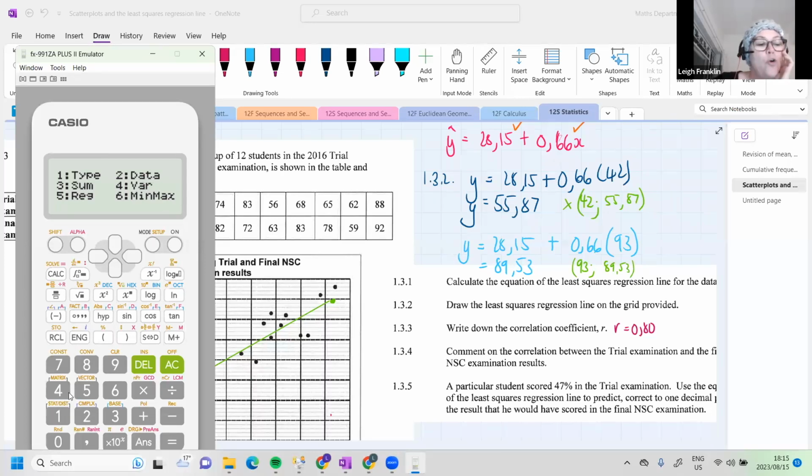So that X with the line on top, that's the mean. Oh, I see what you're doing. You're doing what Tsegofatso was doing, and you're working with the mean point, aren't you? Yes, so I'm going to use the X and the Y.